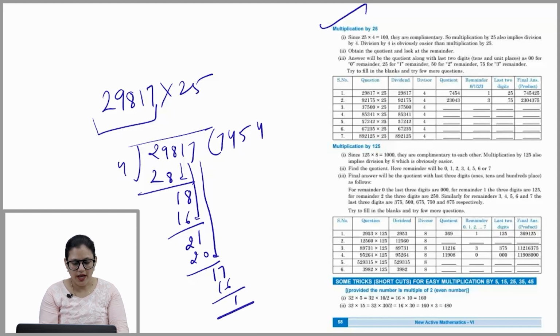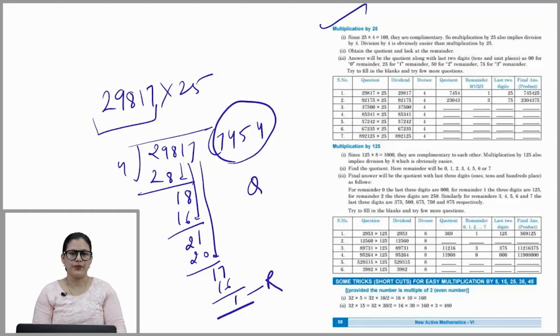Okay, so 1 is the remainder and this is the quotient. Now the remainder is 1. In case of remainder 1, what will we do?